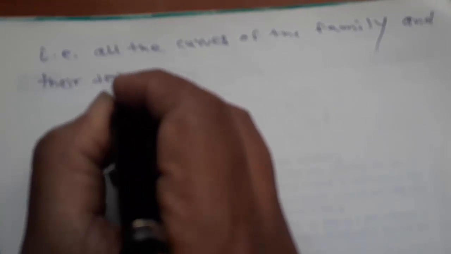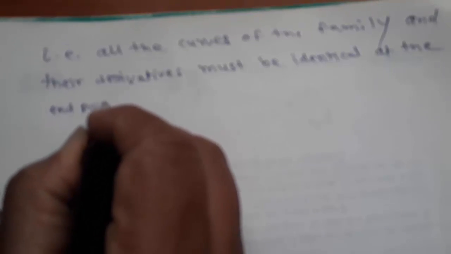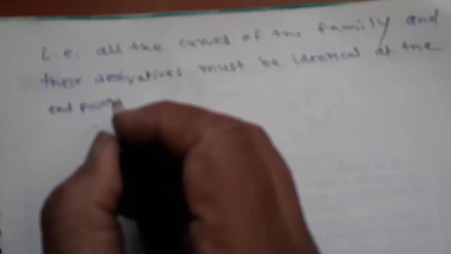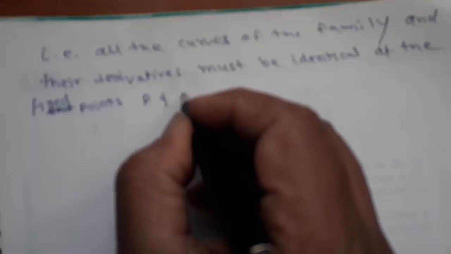That means all the curves of the family and their derivatives must be identical at the endpoints, the fixed points P and Q.